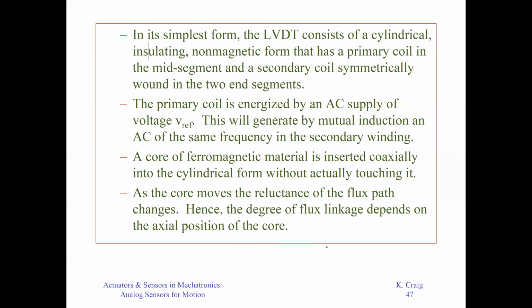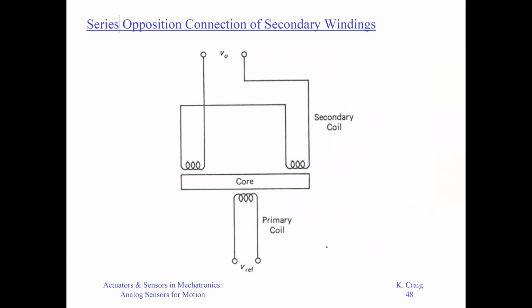This is the simplest form. You have a cylindric insulating non-magnetic form with a primary coil. I have said this already, so let's go quicker. In an easy way, you can see this is a primary coil. You produce a magnetic field.